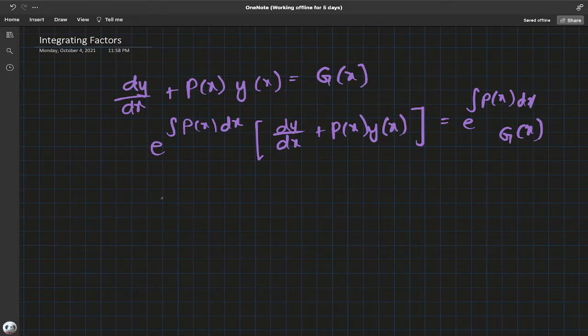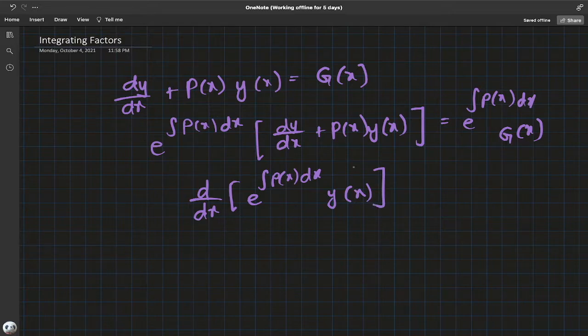Then you notice that the integrating factor times this derivative plus p of x times the integrating factor times y of x is just the product rule for the integrating factor times y of x.